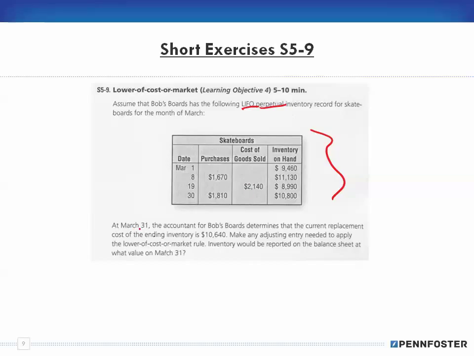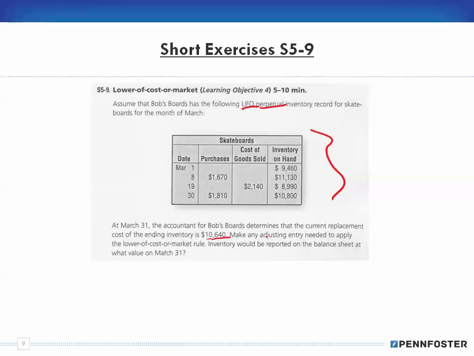At March 31st, the accountant for Bob's Boards determines that the current replacement cost of the ending inventory is $10,640. Make the adjusting entry needed to apply the lower of cost or market rule. Inventory should be reported on the balance sheet at what value on March 31st?